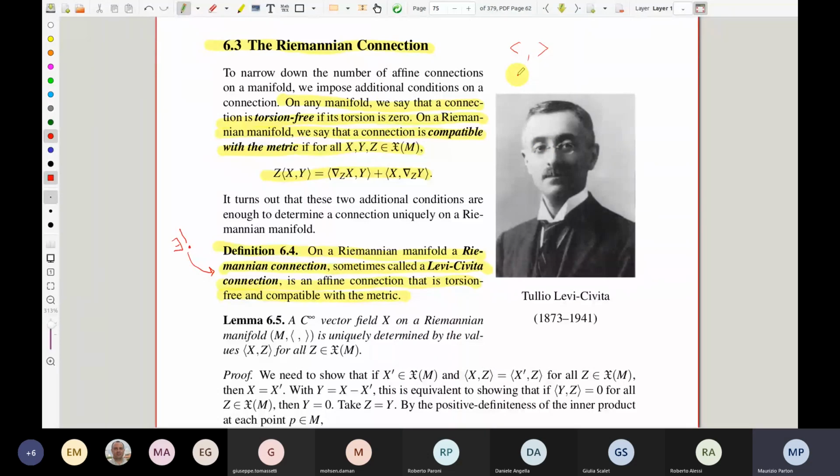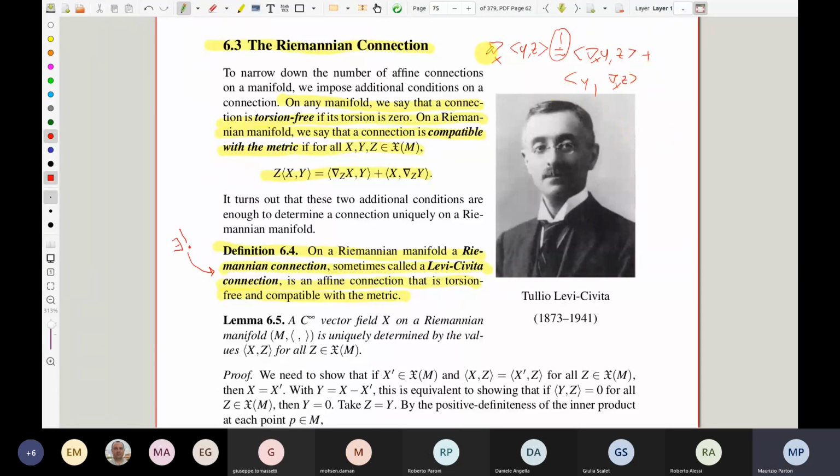similarly to what happens in R^n, we require a connection compatible with the metric, that is, if I take the directional derivatives of the scalar product, this is just the scalar product of these two.